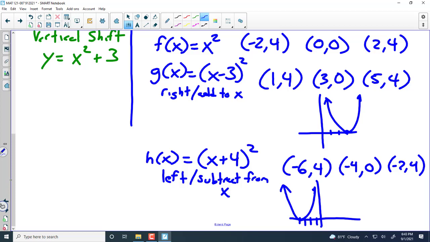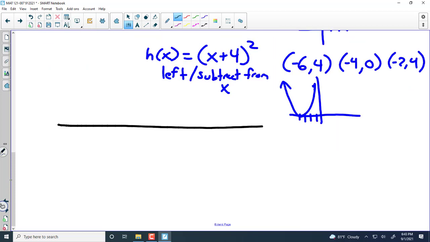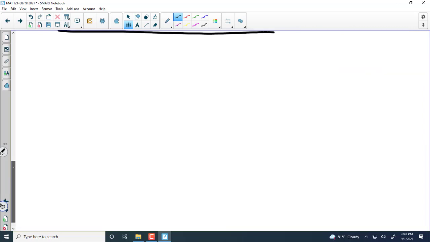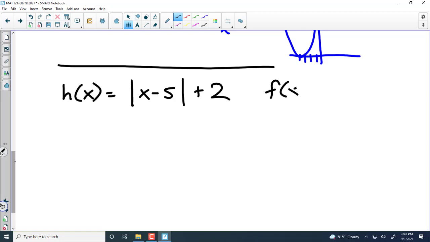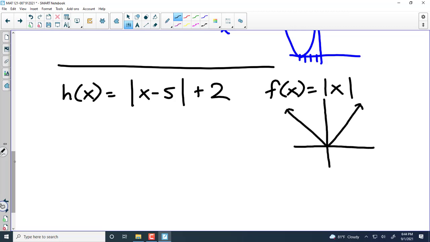So check this out. Here's a transformed function. What's the original parent function of this h of x I just wrote? What's the parent function? Absolute value. Original absolute value looks like a giant letter V. But this has been transformed.